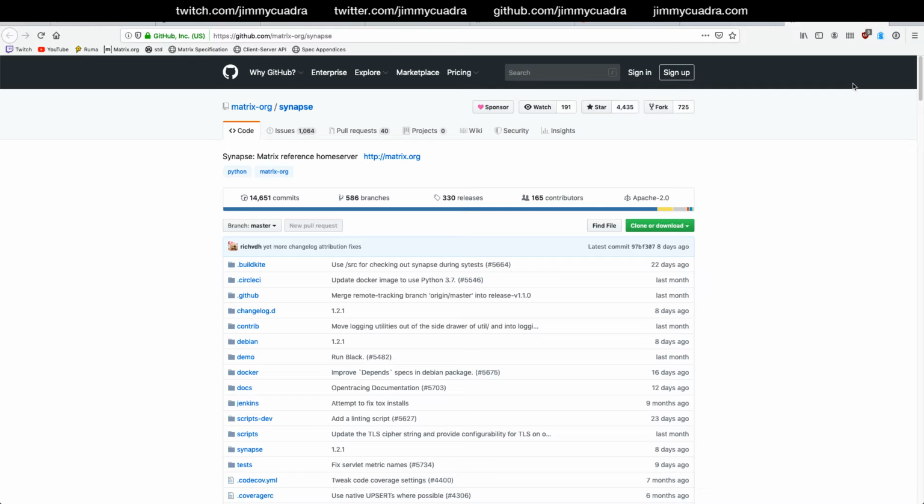So part of the motivation for Ruma as a project was to prove out the suitability of the Matrix specification and say, if Synapse were to disappear today, can you actually use the spec to build a real interoperable Matrix home server? And if not, let's give feedback to the Matrix organization to improve the spec to get it to a place where that's possible.